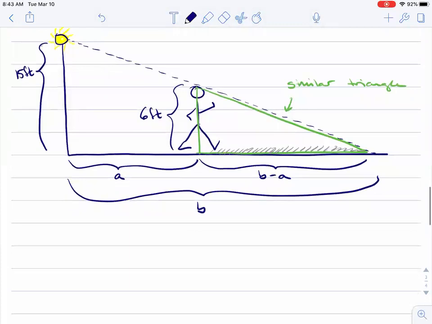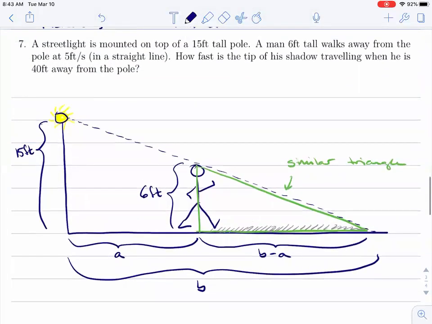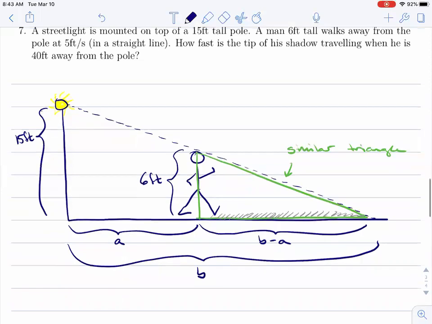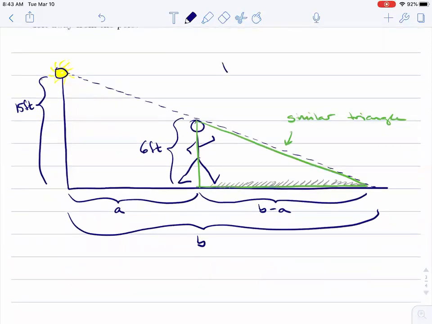Okay, so this guy is moving at 5 feet per second. He's moving away from the pole at 5 feet per second, so he's increasing the distance A at a rate of 5 feet per second. So what we're told is that dA dt is 5 feet per second.